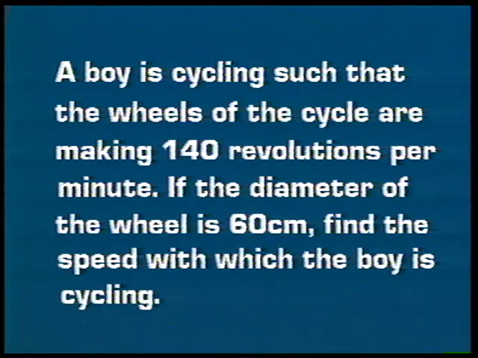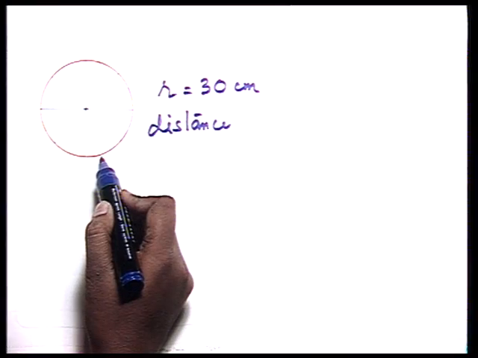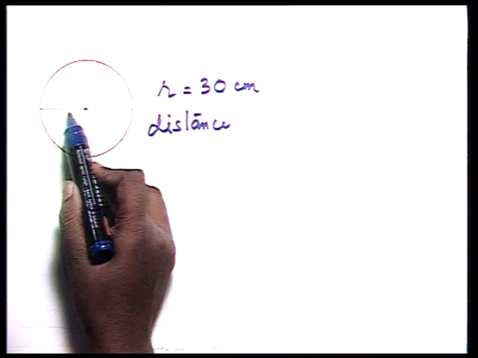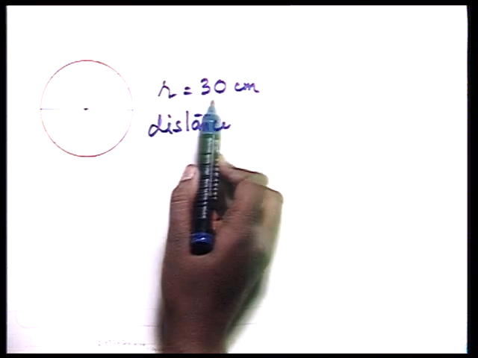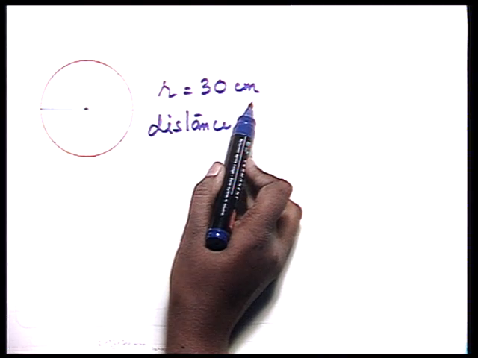The problem is, a boy is cycling such that the wheels of the cycle are making 140 revolutions per minute. If the diameter of the wheel is 60 centimeter, find the speed with which the boy is cycling. Suppose this is the wheel of the cycle. Since its diameter is given as 60 centimeter, its radius will be equal to 30 centimeter.